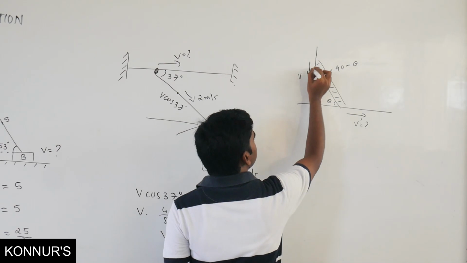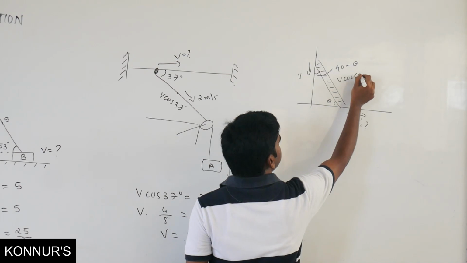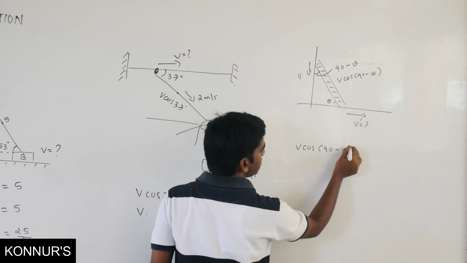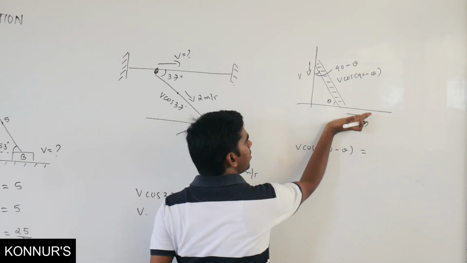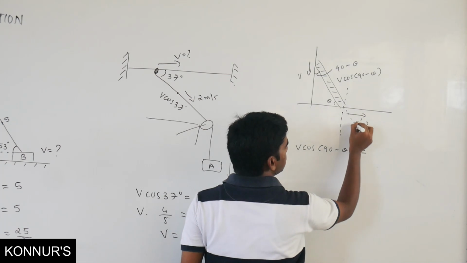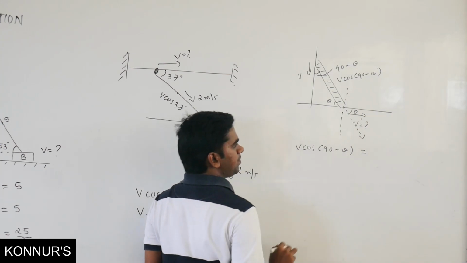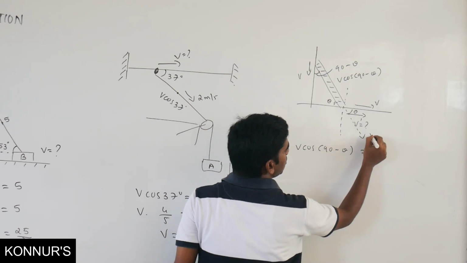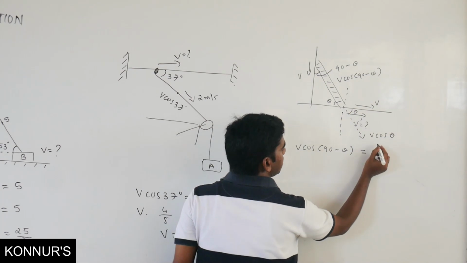If it is V here, along this direction its component is V cos (90 minus theta). Then this V dash is moving in this direction. What is its component along the ladder? If you take a line here, this is the direction. If this is angle theta, this is also going to be theta. If V dash is moving in this direction, its component along this is V dash cos theta.